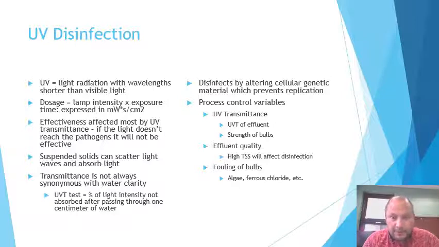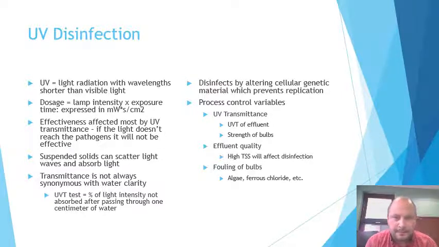The bulbs, as I mentioned, do get weaker over time until they need to be replaced, so that has to be factored into the calculation. Quality of the effluent goes hand in hand with the transmittance. High amounts of suspended solids will have an effect, as well as fouling of the bulbs.